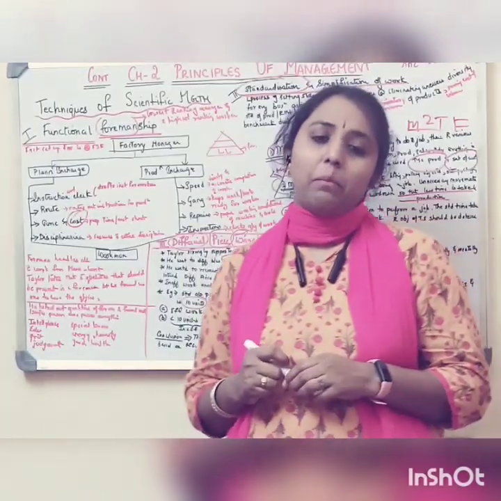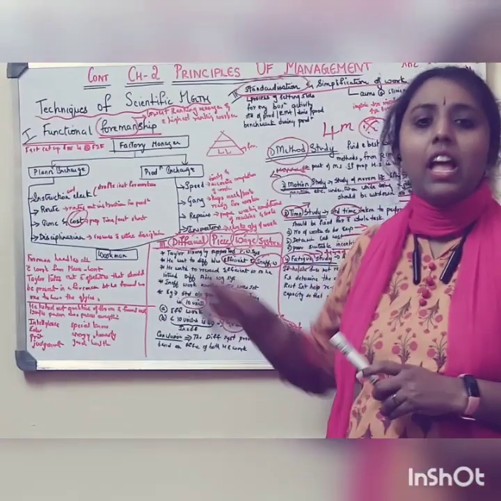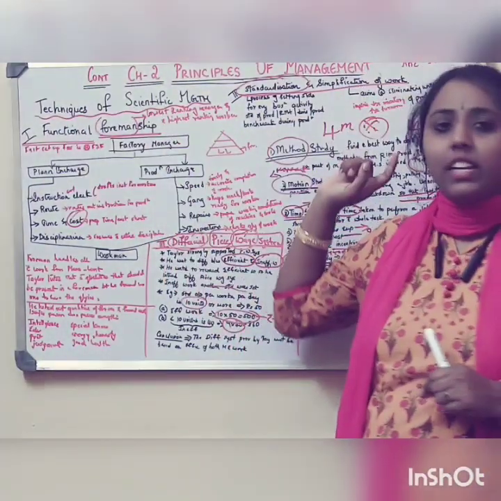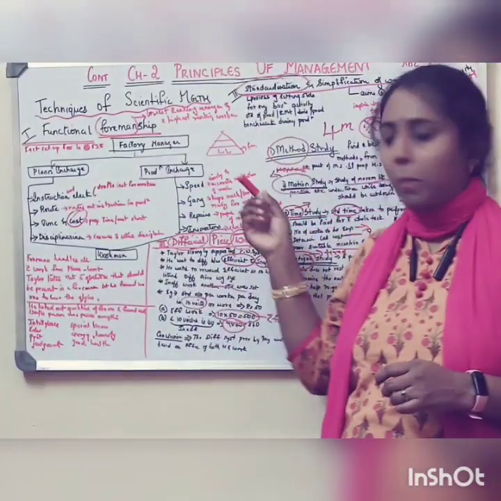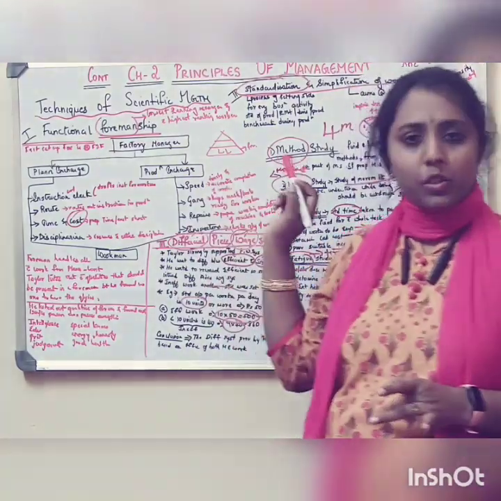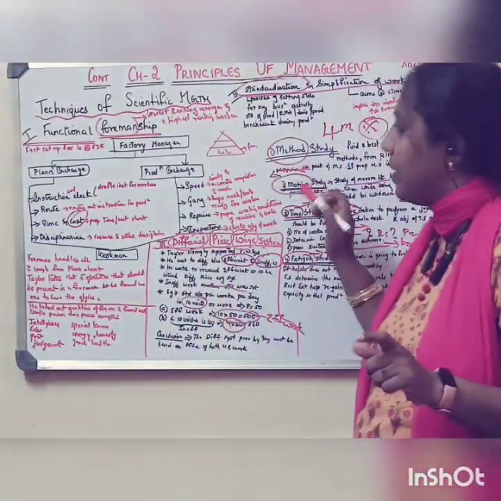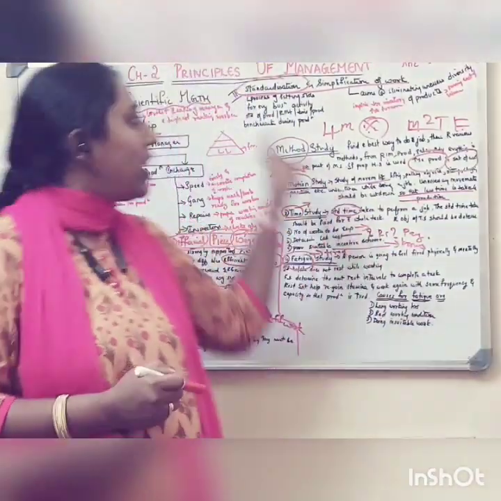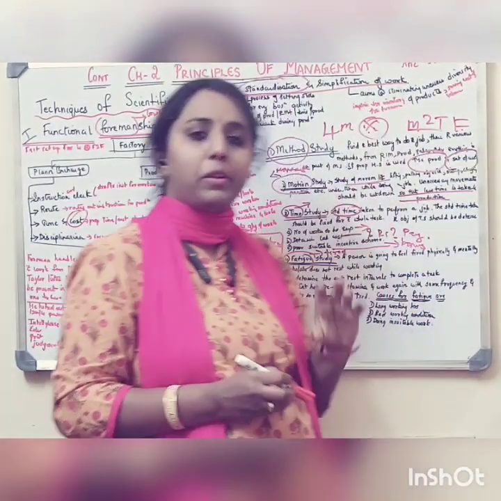Any doubts, any comments, please leave a message to me so that I will be able to understand. Again, let's see all the topics. Under techniques of scientific management, we have functional foremanship. You know who a foreman is, you know the diagram that has to come in, and you know the one-liner I have already taught you. The second topic is standardization and simplification of work. Under it, you need to learn the meaning for 1 marker and 2 marker.